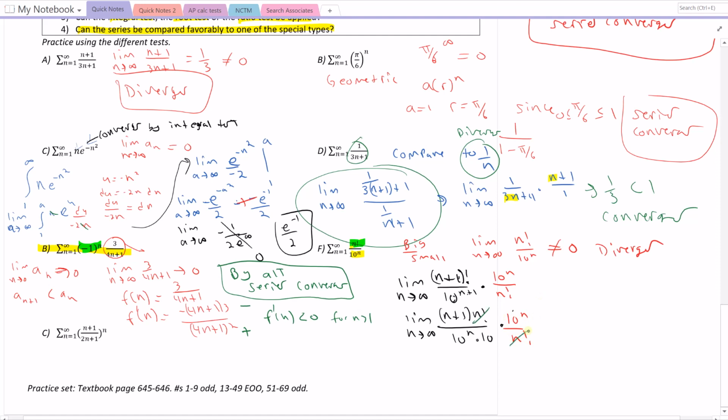And cancel, cancel, cancel. So we're left with the limit as n goes to infinity of (n plus 1) over 10, which goes to infinity, which is greater than 1. So again, we can double check and say that it totally diverges. But we knew that in the beginning. All right, last one.